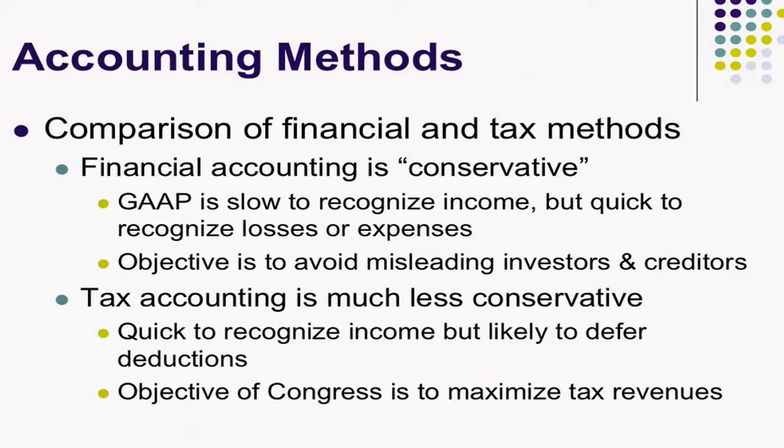It's just a different mentality. It's just a different way of looking at things. So one side says, we're not going to show income right away. Another side says, yeah, we are going to show income right away. And the reason that we have to do that for tax accounting is not so much because we think it's a good idea, but Congress tries to maximize its tax revenues. And so it puts a greater burden to recognize income on the tax accounting side of the house.